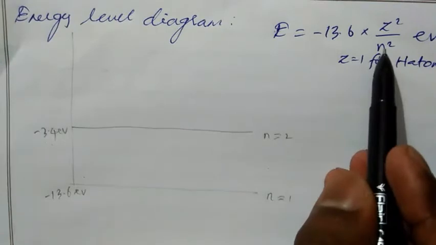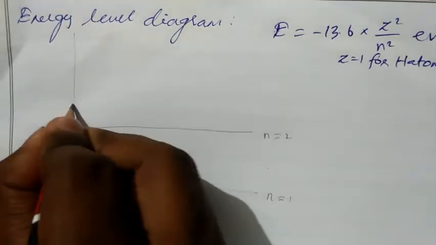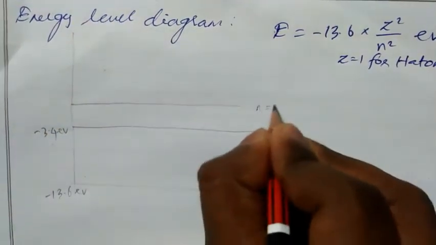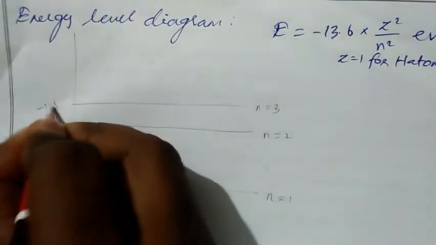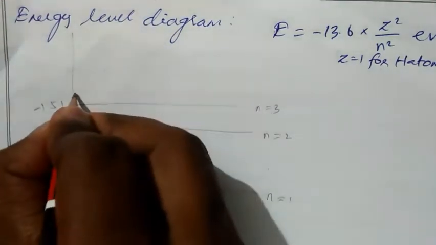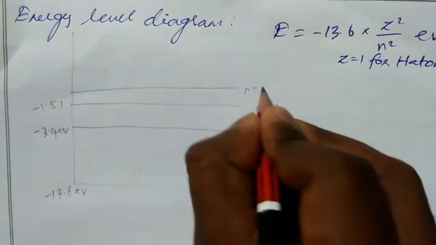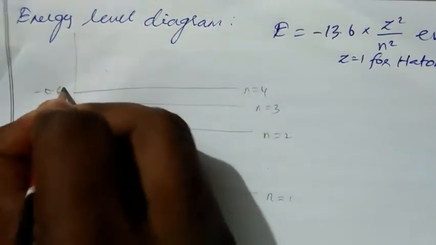Then for the third orbital, if we substitute 3 here, we have minus 1.51. For the third orbital, minus 1.51. Then for the fourth orbital we have minus 0.85, n equal to 4.